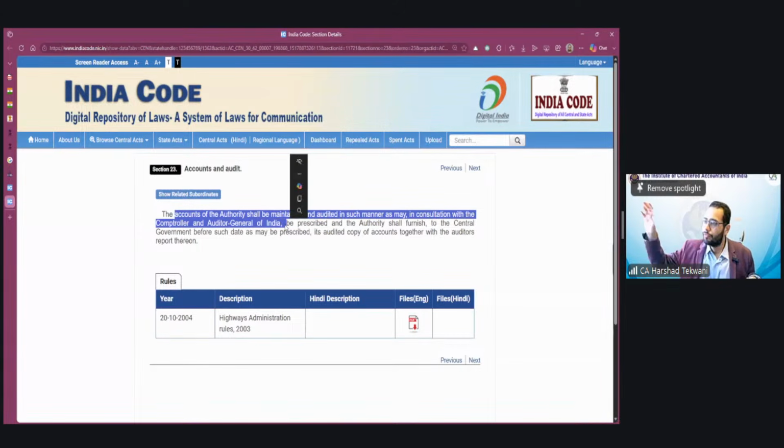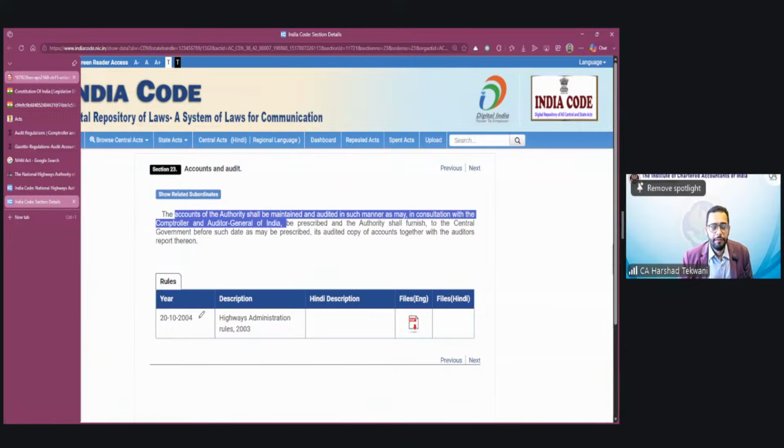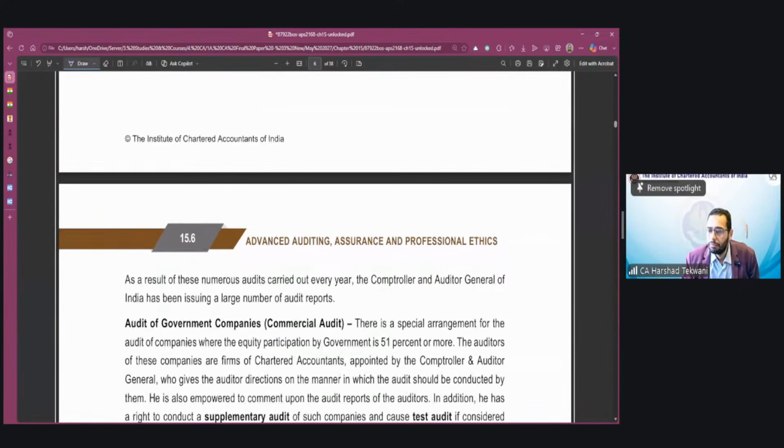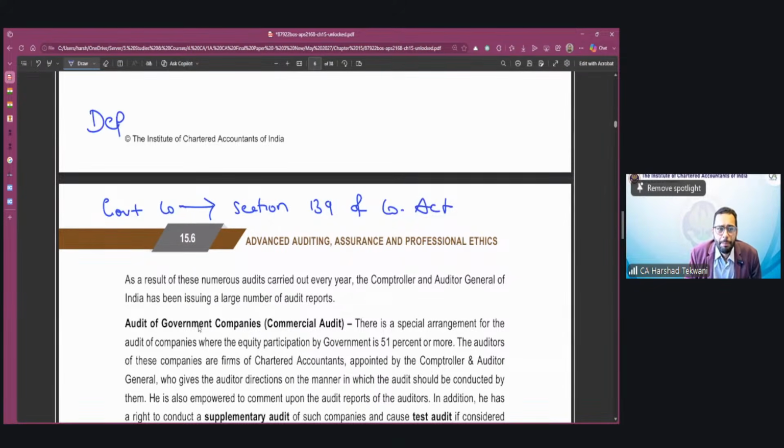So for the public sector undertakings, you have various provisions for the audit. For the government company, you have section 139 of the Companies Act. For the departments, we are talking about the articles of the Constitution, Article 151 of the Indian Constitution.